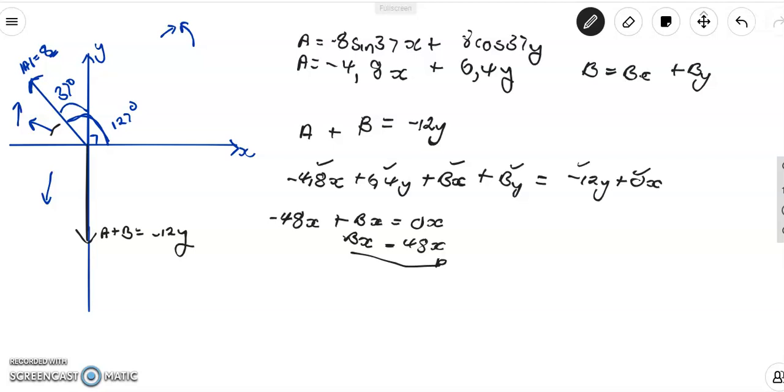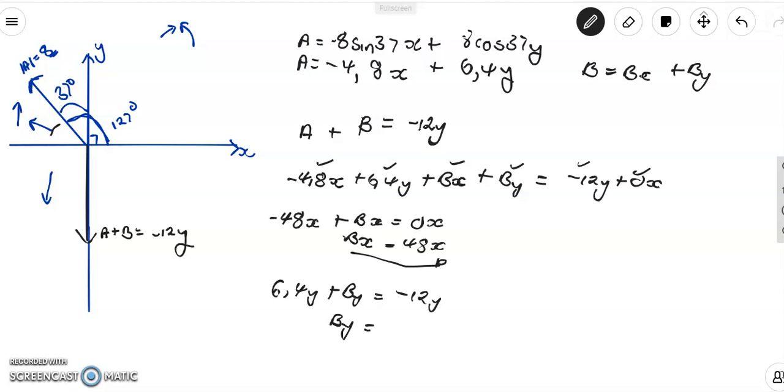It's 6.4y plus by is equal to negative 12y. And 6.4 is going to jump over the equal sign and become negative.